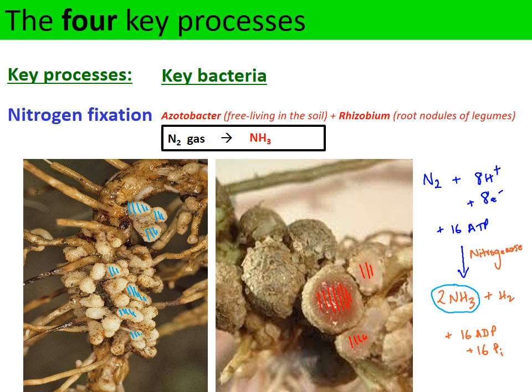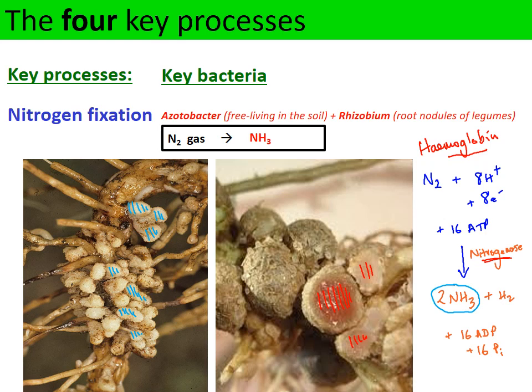Now, because this enzyme is inhibited somewhat by oxygen, the plant itself does make hemoglobin. Now, we know hemoglobin has quite a high affinity for oxygen. So it does bind a lot of the oxygen that surrounds the rhizobia bacteria in the cortex cells of the root nodule.